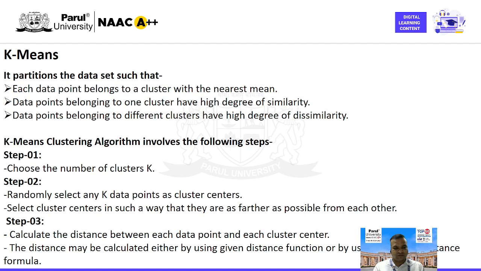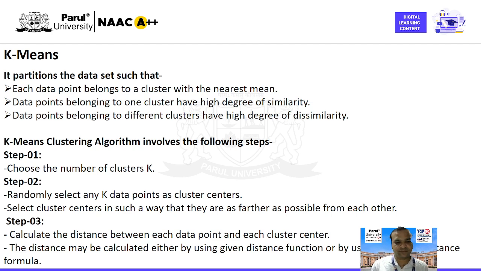Step number one: firstly, we choose the number of clusters, k. Step number two: randomly select any k data points as cluster centers.